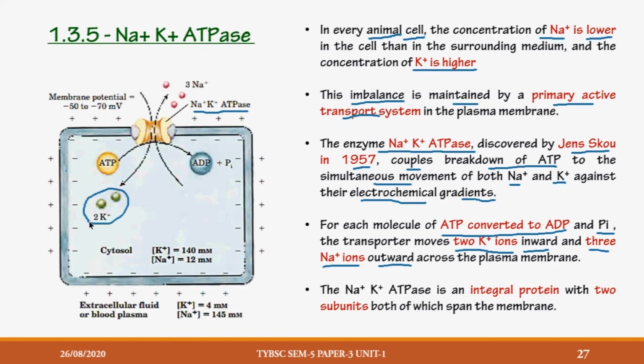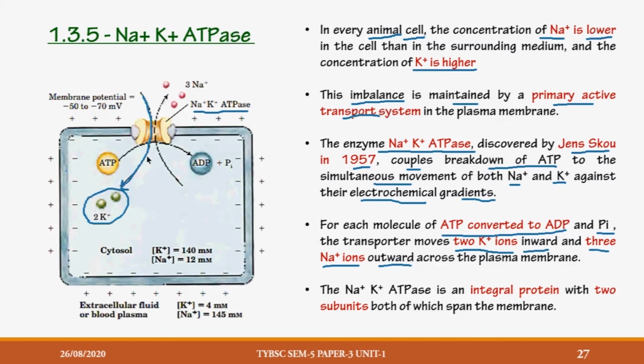ये जो Na plus K plus ATPase enzyme है, it is an integral protein. We have learned, right? Proteins are of two types, integral and peripheral. So it is an integral protein, means it is embedded in the membrane. आपकी membrane में embedded है. And then we know that this particular Na plus K plus ATPase has two subunits.